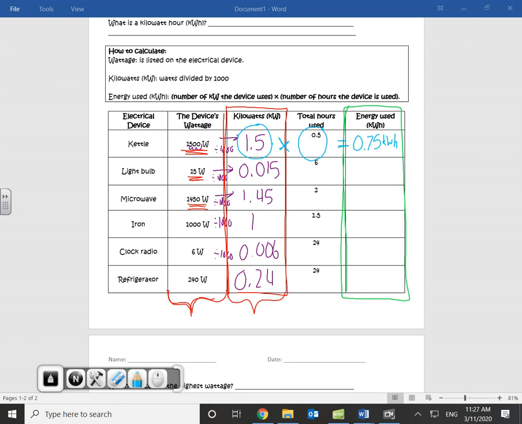We're on light bulb, 0.015 times 6. Okay, 0.09 kilowatt hours. Remember, I just did this times this equals this. Okay, keep going.